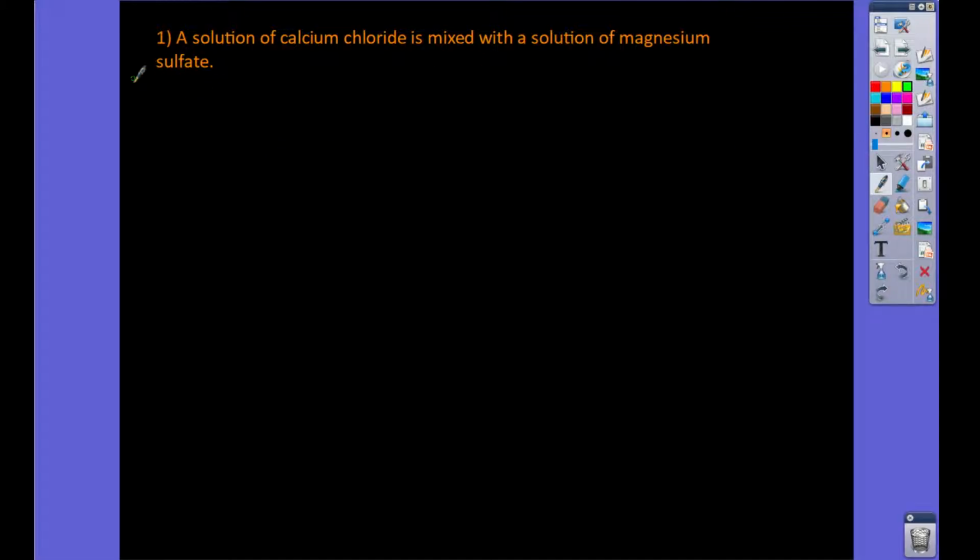So starting off with the first problem here, we have a solution of calcium chloride mixed with a solution of magnesium sulfate. And so all we're going to do here, similar to what we've been doing in the past, is take this information and break it down. We pull out calcium chloride here, which is going to be CaCl2.